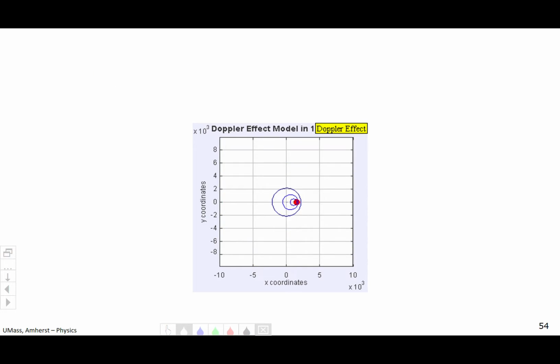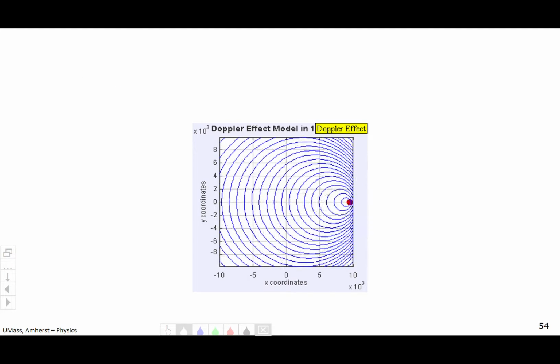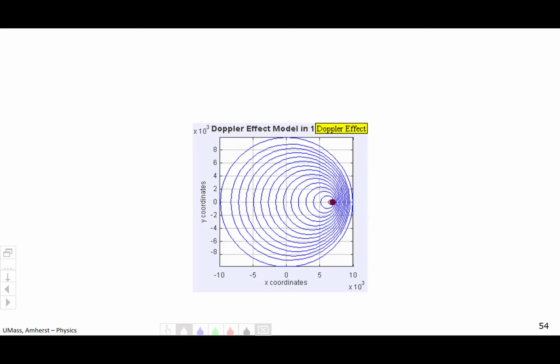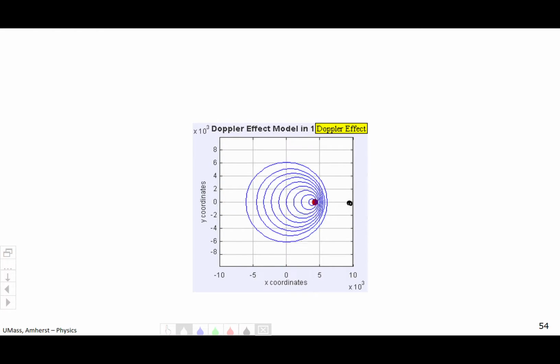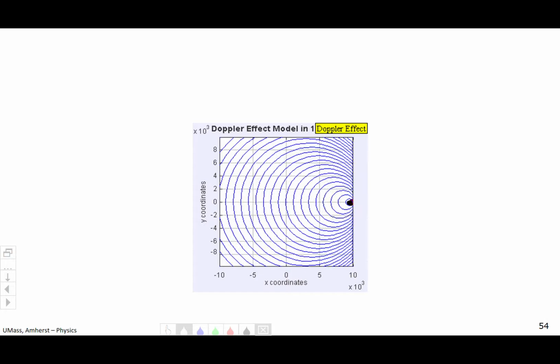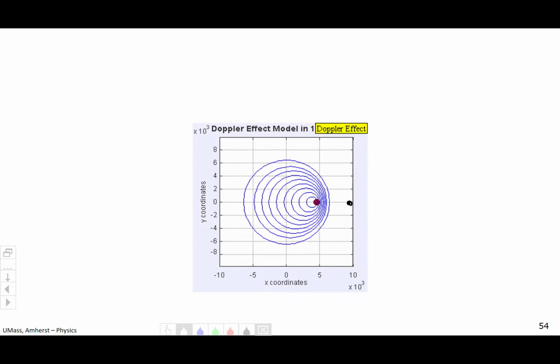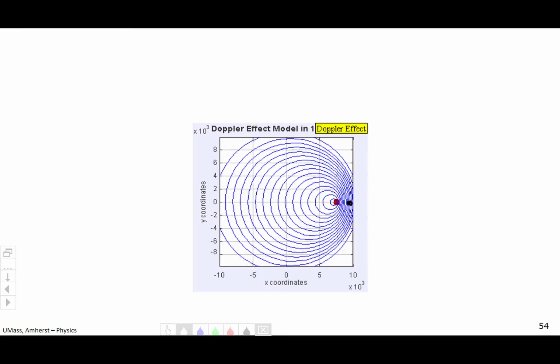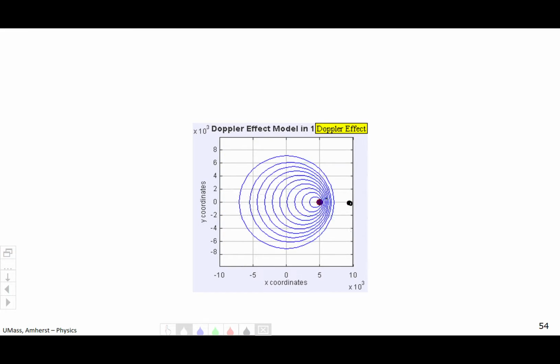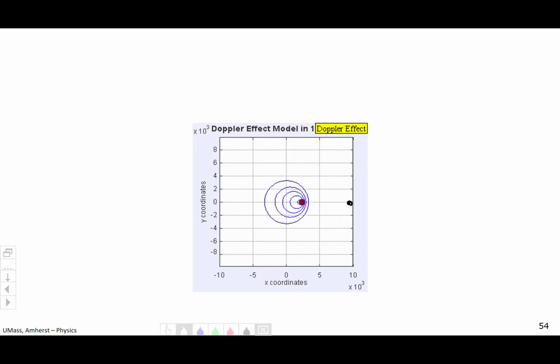However, let's picture a moving source. If I am a source right here, I will be getting waves that are a lot closer. They are a lot closer because essentially the sound source is catching up with the waves that it already sent out. So this first wave is moving away after it releases.